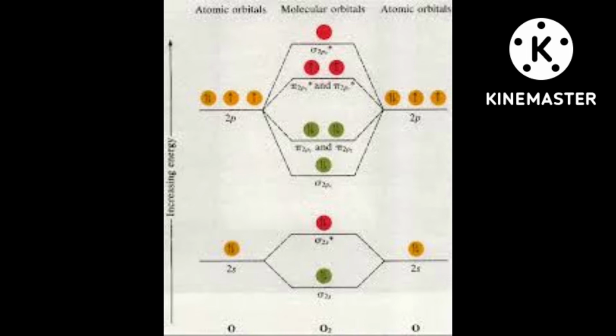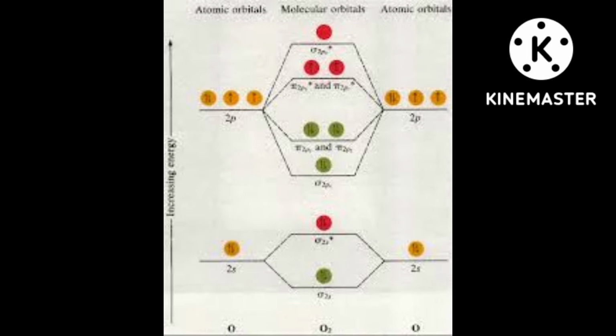The linear combination of atomic orbitals to form molecular orbitals takes place only if the following conditions are satisfied. Three conditions are there, and they must be satisfied. First, the combining atomic orbitals must have the same or nearly the same energy.